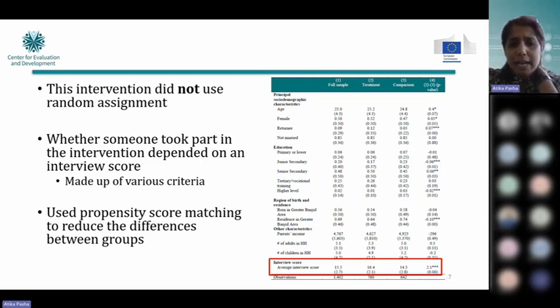So just to give you an indication as to what this non-random assignment did, just look at this column, right? This is the interview score between the two groups, and I really hope you can also see it. What it says here is that in the full sample, the average interview score was 15.5. For the treated group, however, it was 16.4, whereas for the comparison group, it was 14.3.